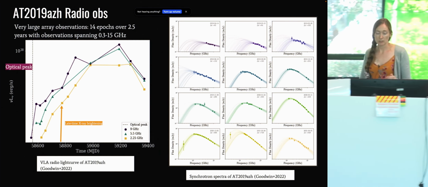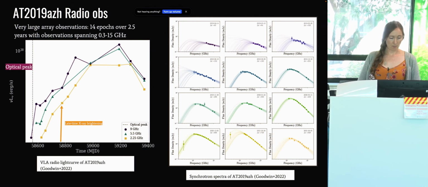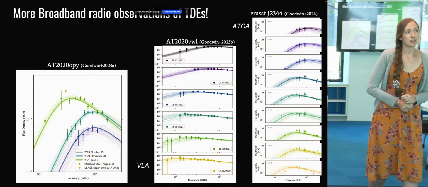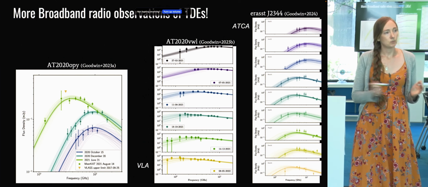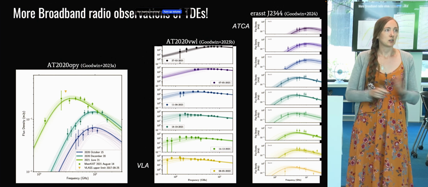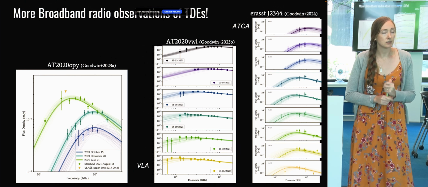So these are synchrotron self-absorption models. We can do this for multiple TDEs over time. So these are another 3 events that I've observed where we have multiple epochs, multiple synchrotron spectra, multiple models to constrain.